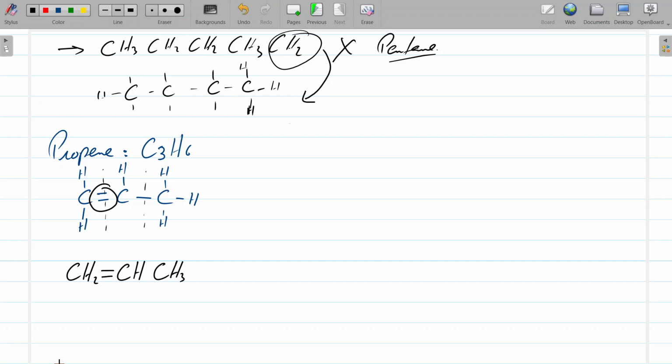I'm going to show that the double bond in propene is between the first and second carbon. Does that make sense? Yes. Okay. Let's quickly try another.